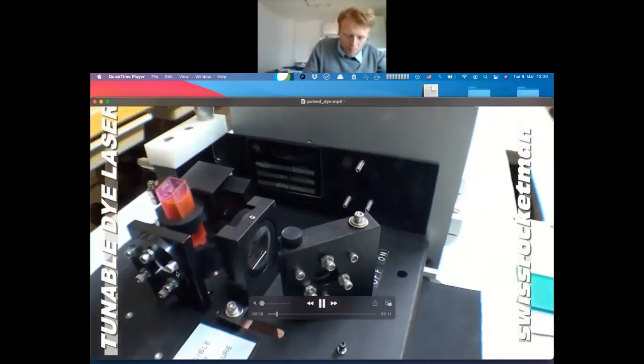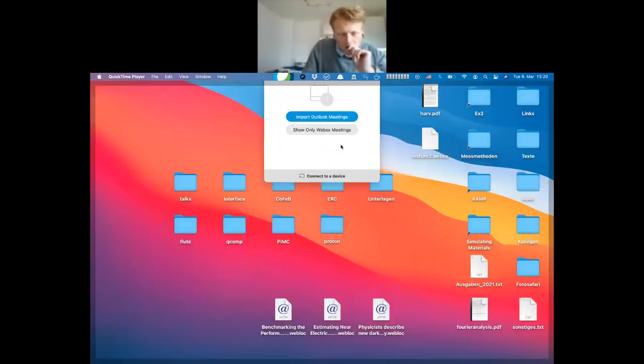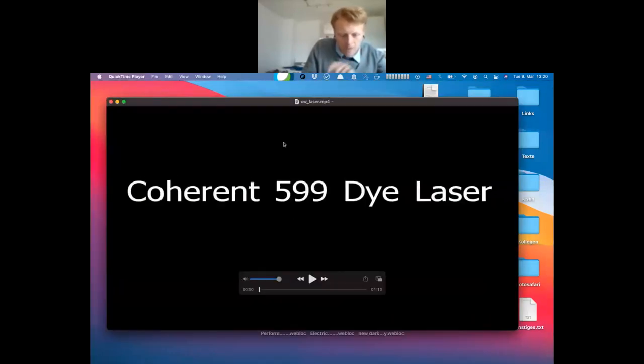So ideally you would like to have a very long lifetime for this specific state in order to reach your situation of population inversion.